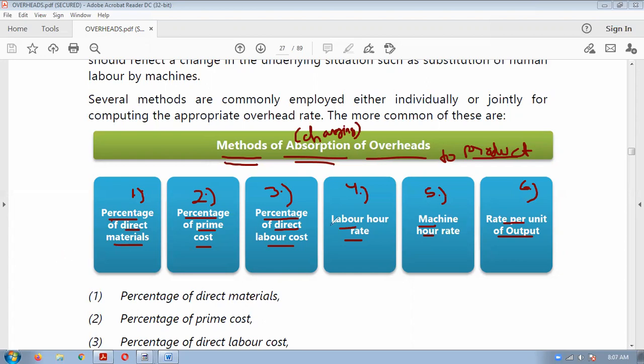So you can use any method, or a combination of methods. Everybody comfortable this much?